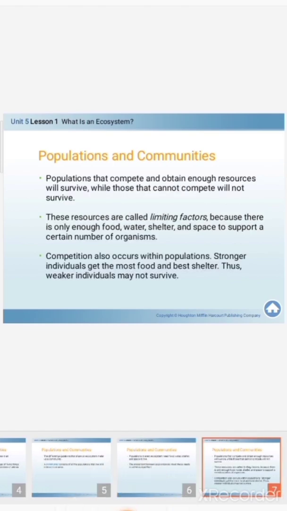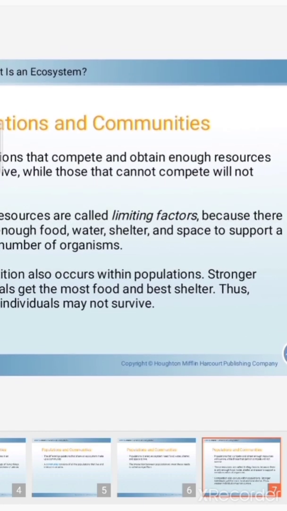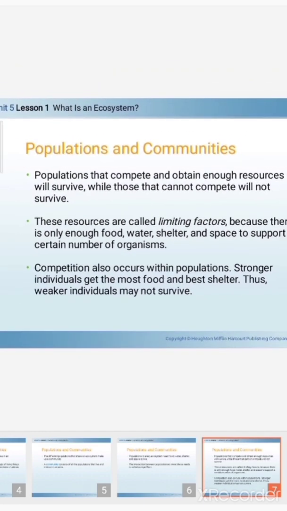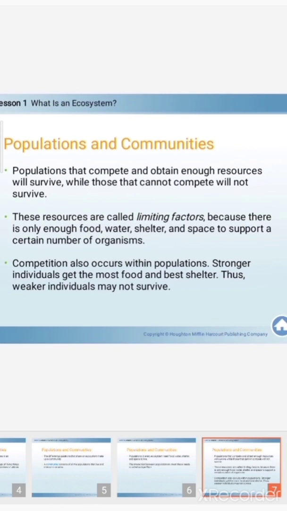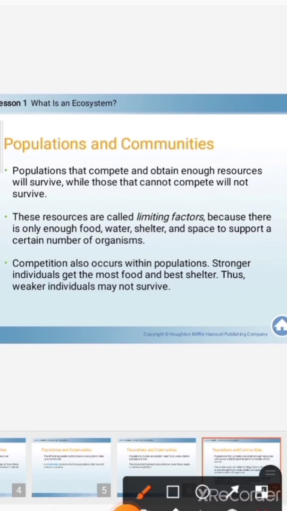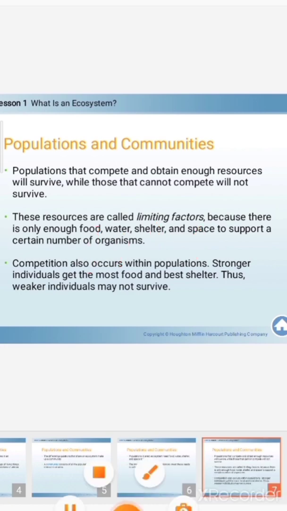Any population in an ecosystem will need some resources to survive. For example, they need food, they need water, they need shelter, they need space. All of these are needs for every population to survive in their environment. These resources are called limiting factors.